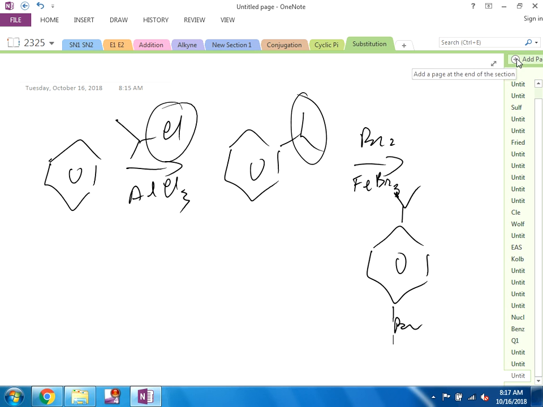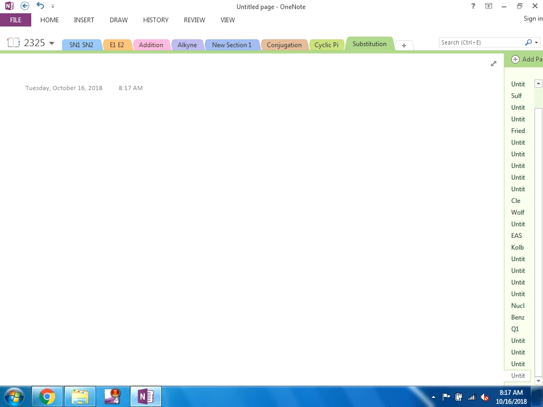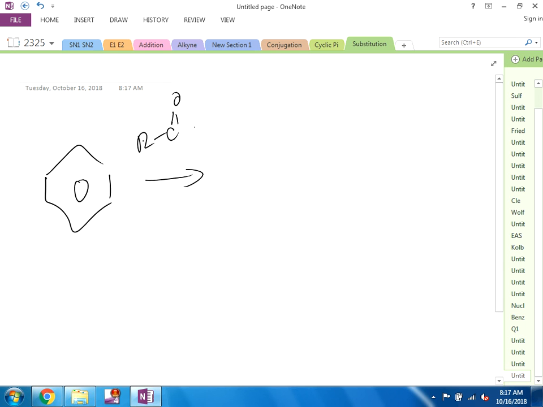Okay, let's change over to something else. Let me show you this one generically. Related to Friedel-Crafts, the previous one was Friedel-Crafts alkylation followed by bromination.